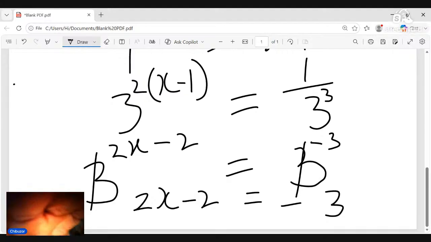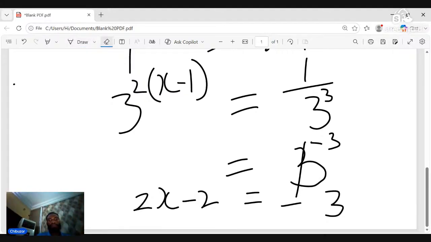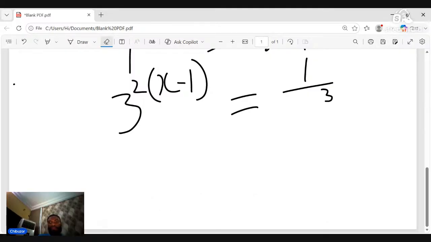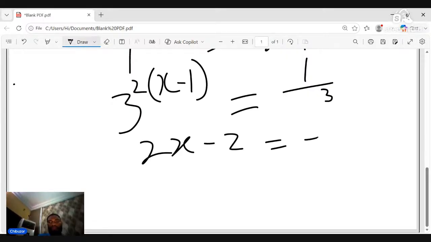So let me clear the board so that we'll have space. So now that we have 2x minus 2 is equal to minus 3, we can easily find x here. We can easily find x by collecting like terms.